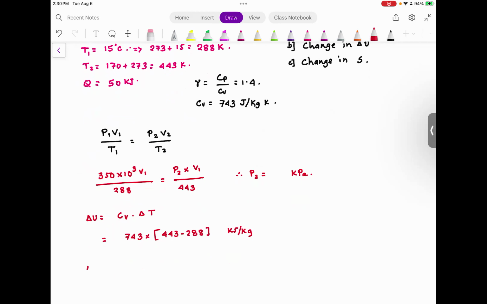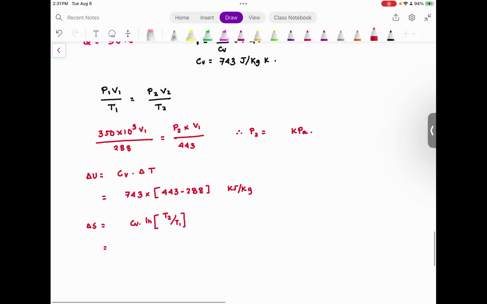Change in the entropy, delta S, is equal to Cv ln T2 by T1, which is nothing but 743 ln 443 divided by 288.